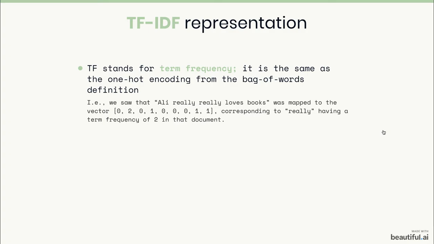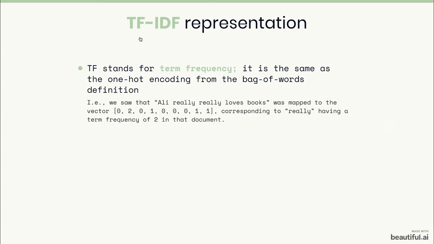The main difference between the two is that TF-IDF solves one of the downsides of bag of words, which is that we want to assign a larger weight to words that appear less often. So for instance, the word the, which appears really often in English, should not be assigned a large weight. We shouldn't care that much about that particular word.